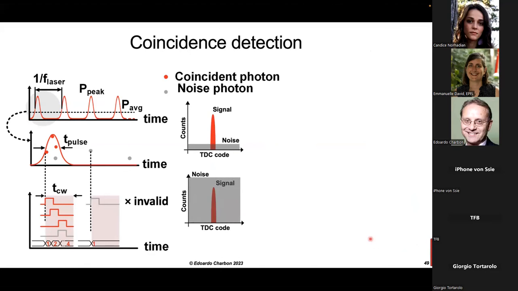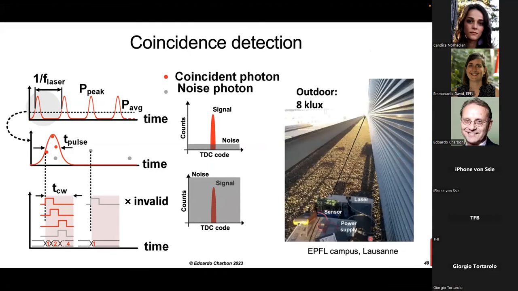And in addition, you have the issue of the background illumination. In this particular case, there are a few photons coming back, but the problem is not detecting the few photons coming back. The problem is not being overwhelmed by the photons that come back from other sources. There are many solutions here. Coincidence detection is one.